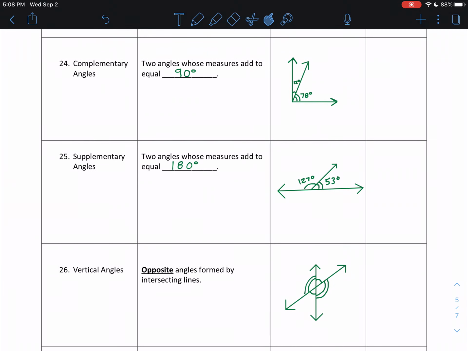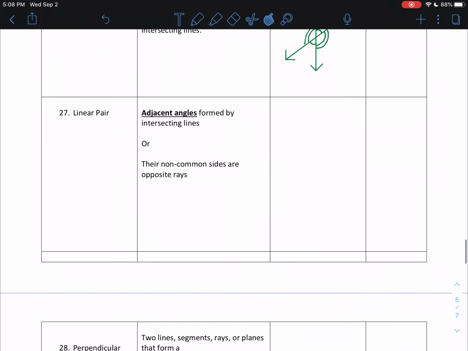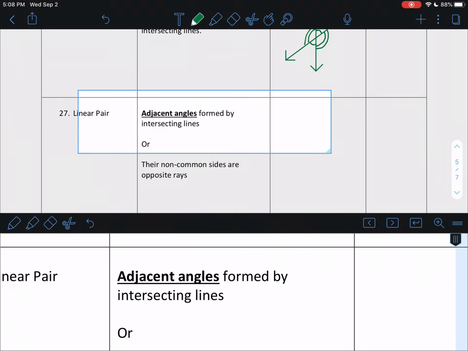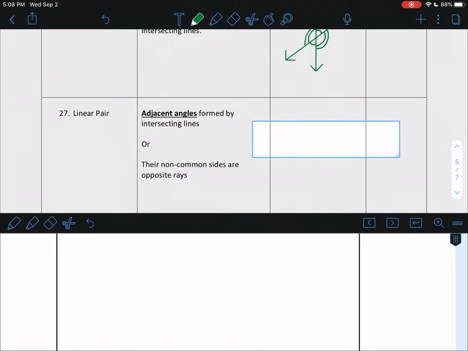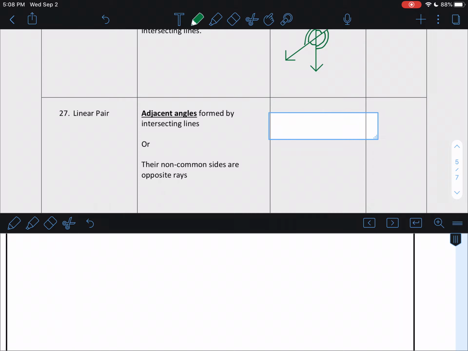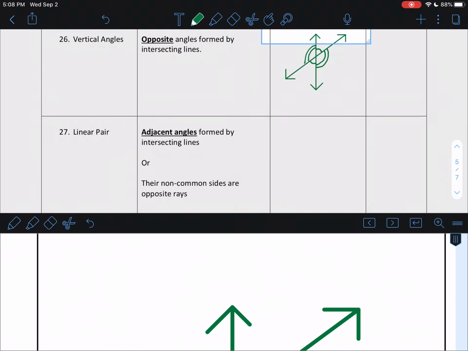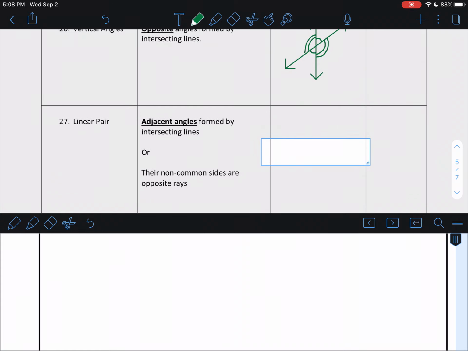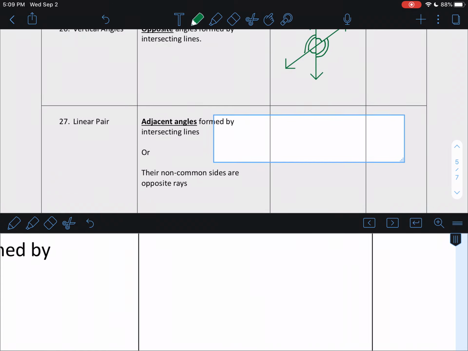The supplementary angles. So a linear pair would be the supplementary angles. They're going to add up to 180. And a linear pair will always add to 180. So vertical angles equal one another. Linear pairs add to 180.